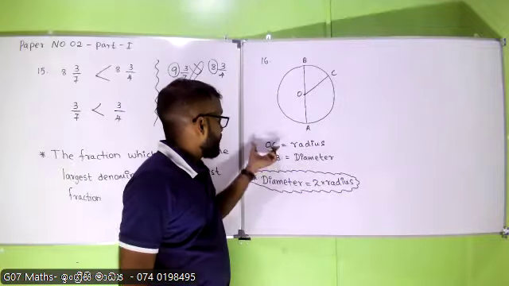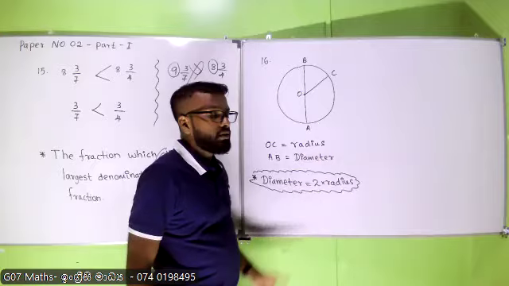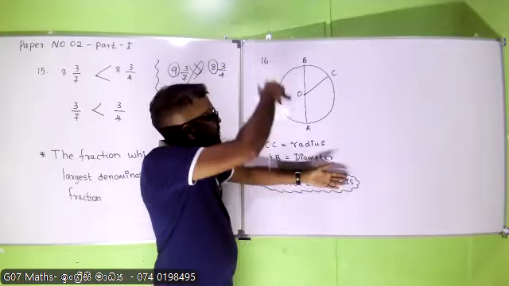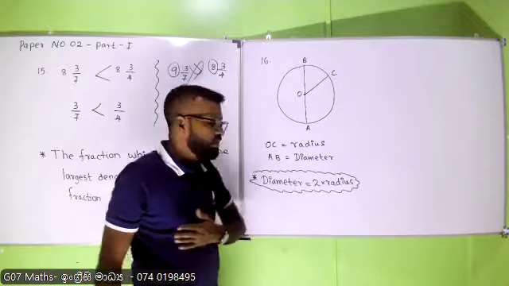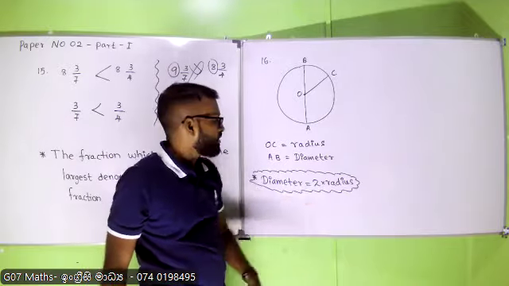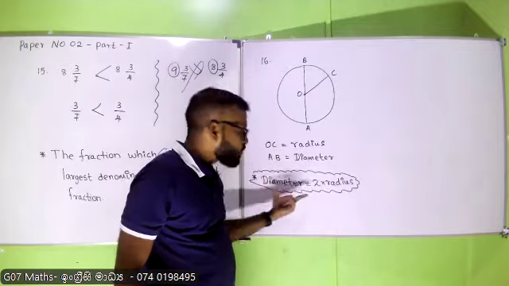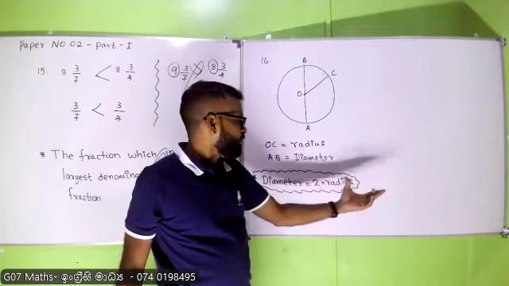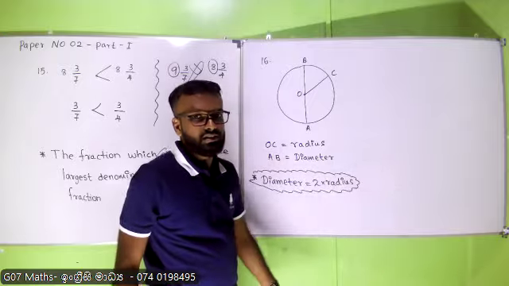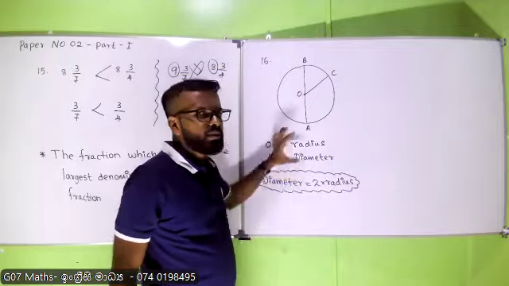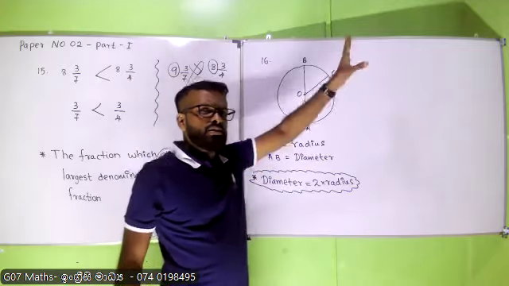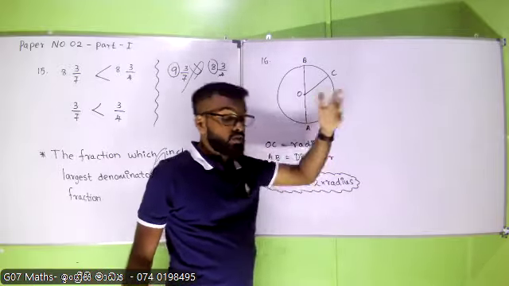This one, OC radius, AB diameter. Only these two are needed for this question. But they can ask what is the relationship between diameter and radius. You have to write this: diameter equals 2 times radius. And that is why I am discussing these things, so that you can refresh your knowledge more.